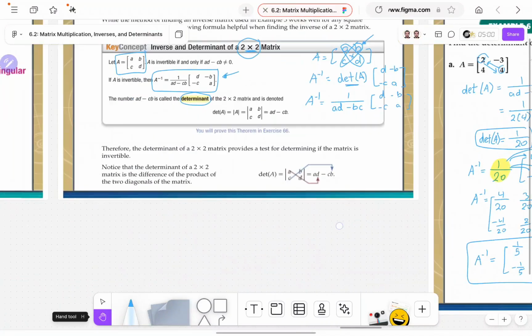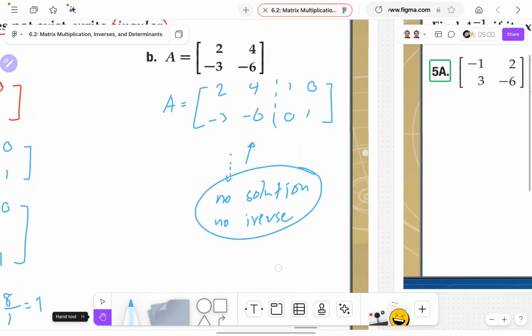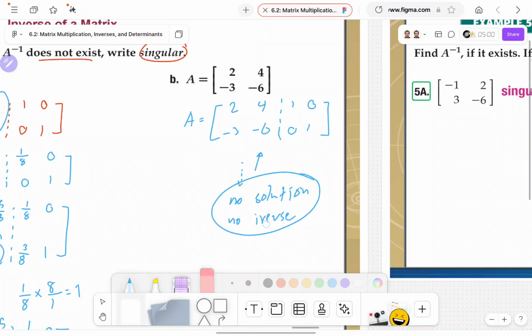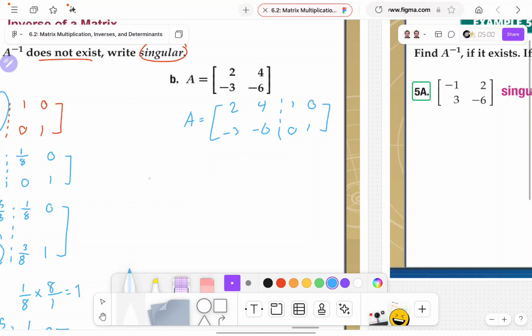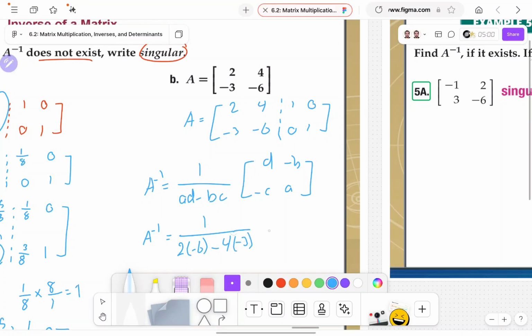Now, let's go back to the question that I told you about, where there is no inverse or no solution. Let's apply the rule from the first step, without applying this formula. Let's find the inverse of A. Inverse of A is equal to 1 over A times D minus B times C, and we switch D, A, negative B, negative C. A inverse is equal to 1 over 2 times negative 6 minus 4 times negative 4, negative 3.